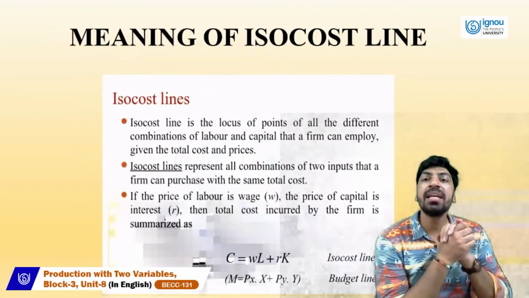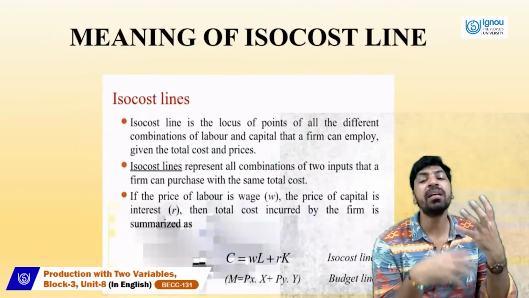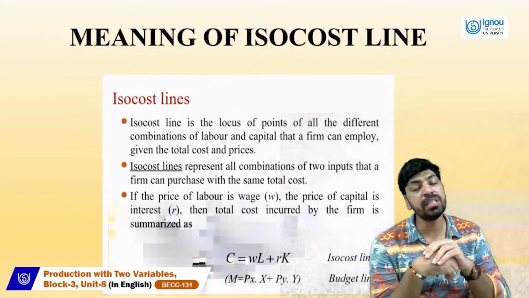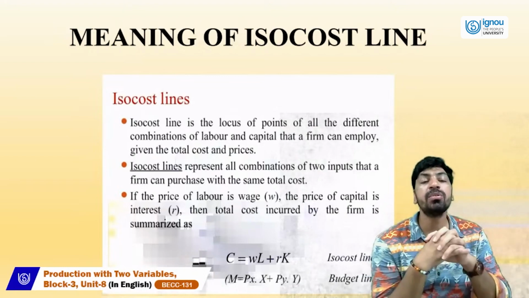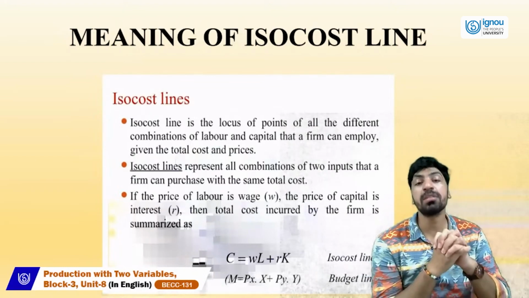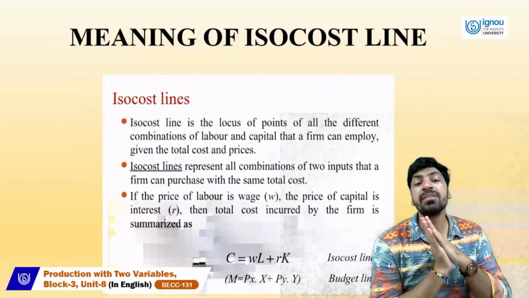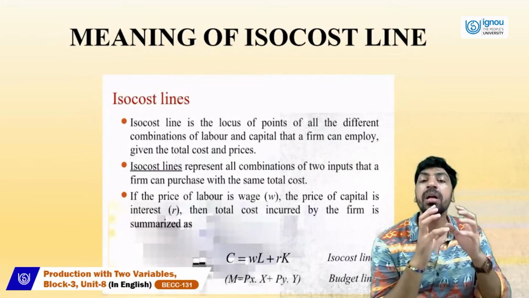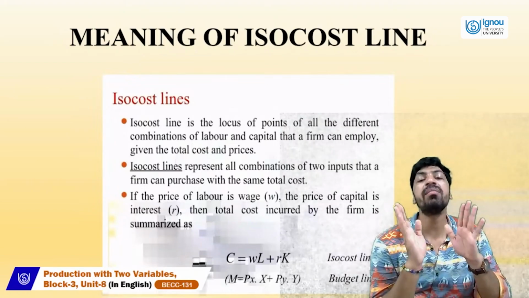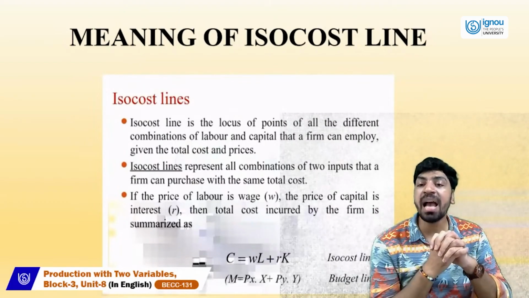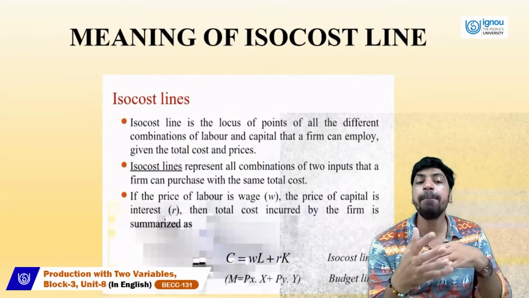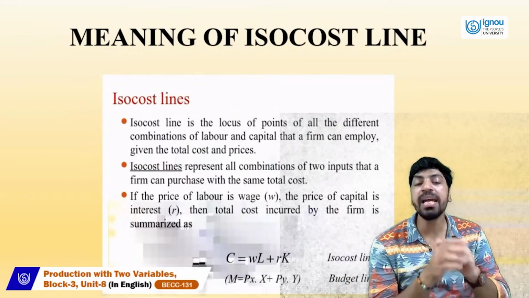The next concept is the isocost line. Before I come to the diagrammatic representation or any schedule related to this concept, learners must understand what the isocost line is. It is the locus of all points of different combinations of labor and capital that the firm can purchase given the total cost and the prices.